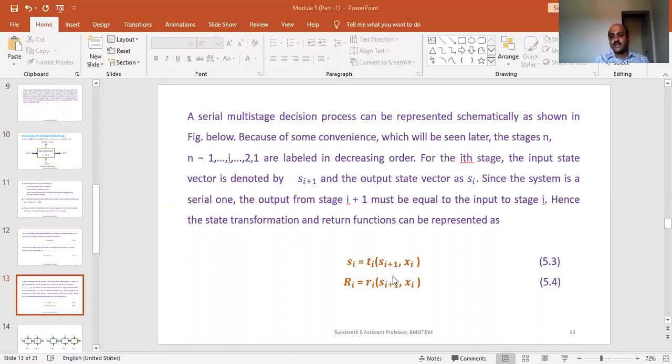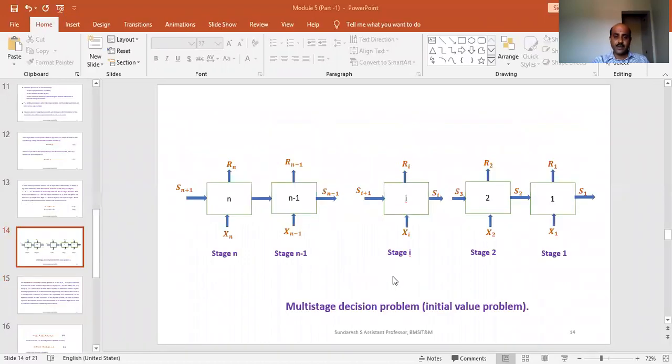For the ith stage, the input state variable is denoted by S i plus 1, and the output state vector by S i. Since the system is a serial one, the output from stage i plus 1 must be equal to the input to stage i. Hence, the state transformation and return function can also be represented as follows. I will come back to this later. Look at this diagram over here.